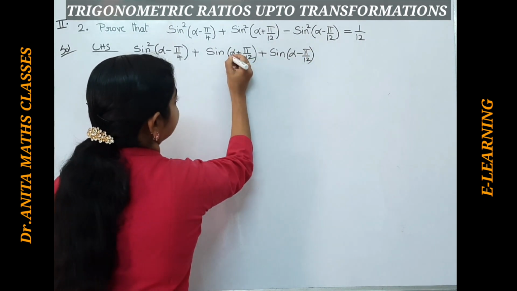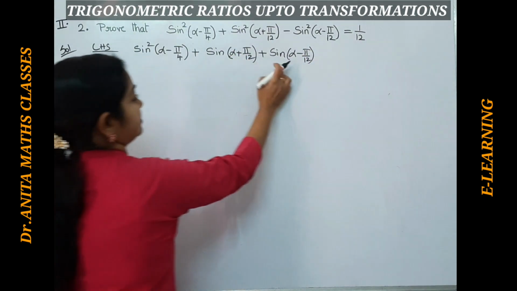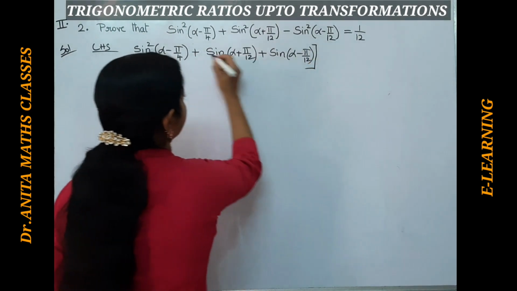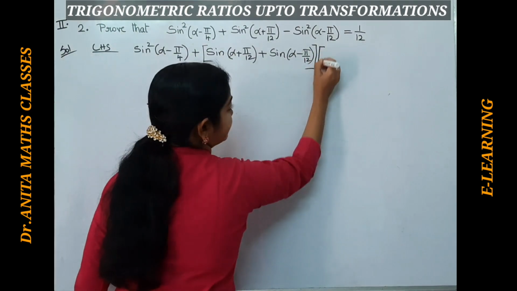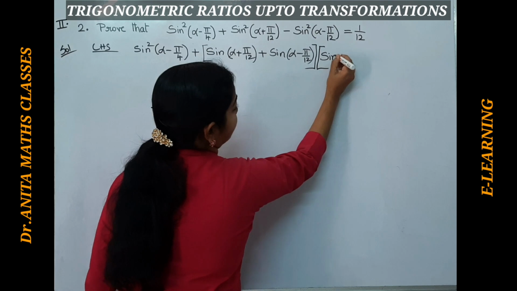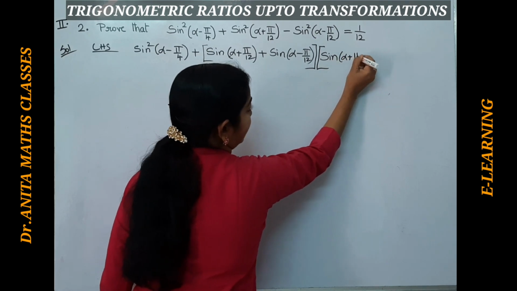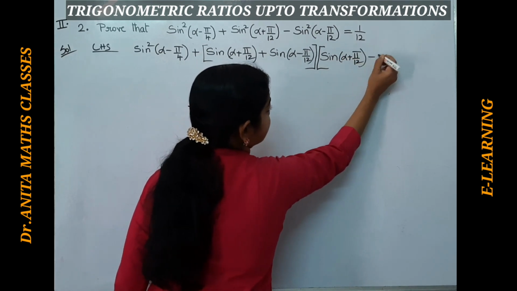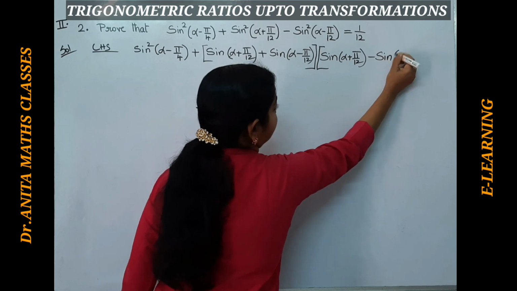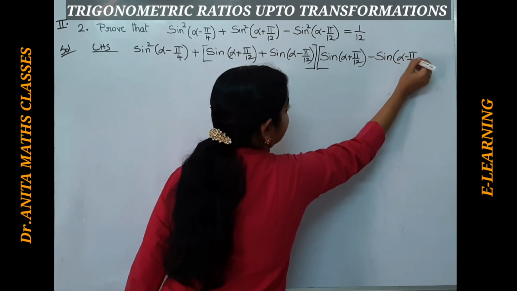So, this is a plus b, then again multiplied by a minus b, which is sine alpha plus pi by 12 minus sine alpha minus pi by 12.